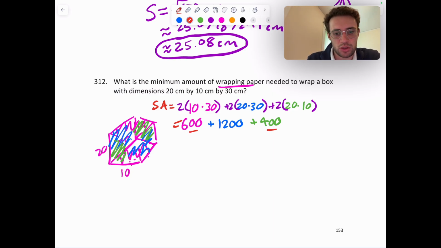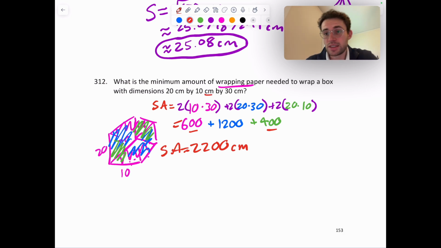So we get 1,000 plus 1200 is 2,200. Our surface area, again, the units are centimeters. And even though it is going around a 3D shape, area is 2 dimensions. So it's going to be centimeters squared. You can also think of each of these as centimeters times centimeters, which is centimeters squared.